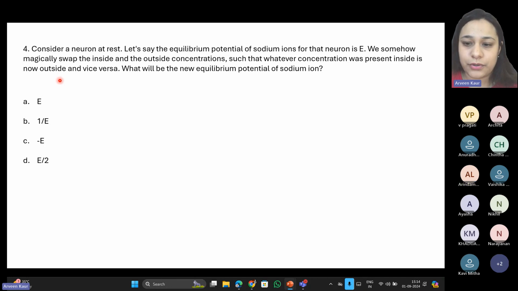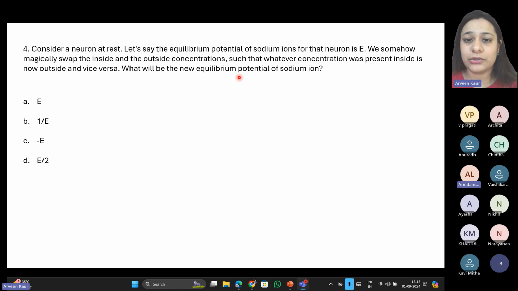Coming to question number 4, it says, consider a neuron at rest. Let's say the equilibrium potential of the sodium ions for that neuron is E. We somehow magically swap the inside and the outside concentration, such that whatever concentration was present inside is now outside and vice versa.